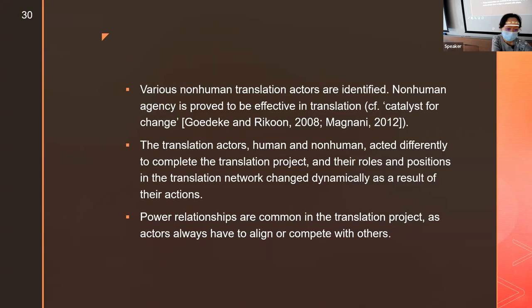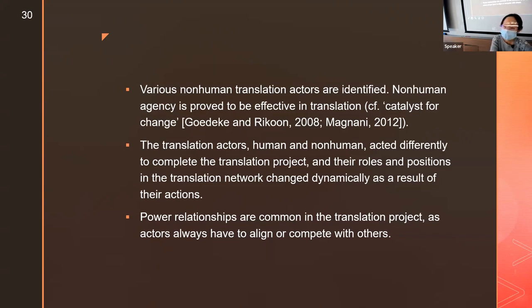Non-human agency is proved to be effective in translation, not just in the sense of a catalyst for change, but rather non-human actors directly function in providing or taking away other actors or resources, and in building and cutting connections in networks in the networking process of translation.